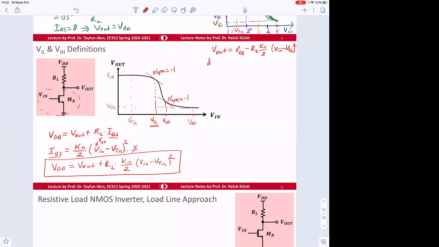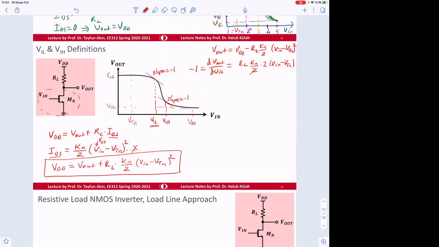If I take the derivative of V out with respect to V in, this is going to be RL times Kn divided by 2. The 2 will cancel, and then V in minus VTN. So this equals -1 is the equation.